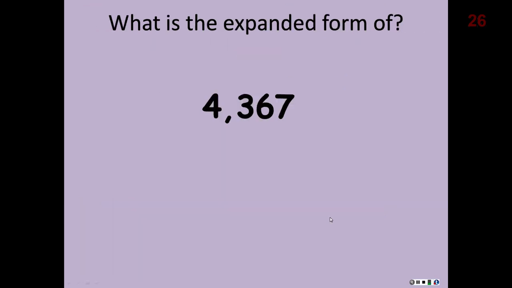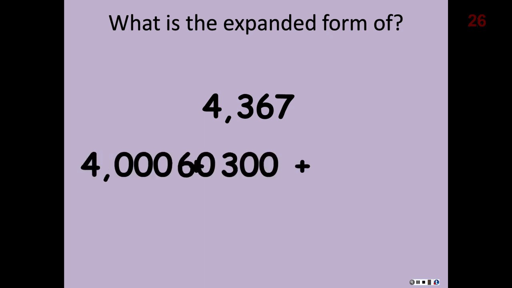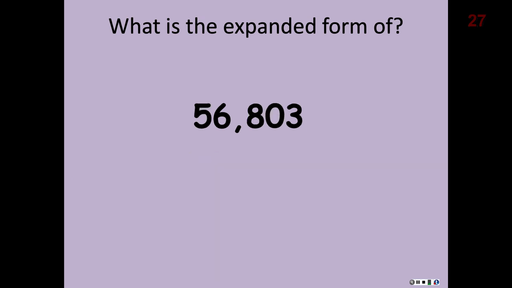So how would I write this number in expanded form? 4,000 plus 300 plus 60 plus 7. Good job, you guys. You guys like expanded form, I can tell. Because it's easy. What about this one? Not 5,000. 56.